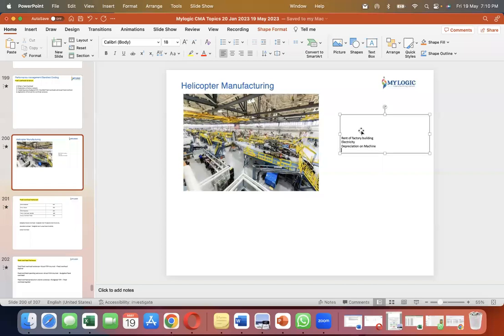Yes. Okay. What else? Property taxes. Property taxes of factory building, because I'm not discussing non-manufacturing here.